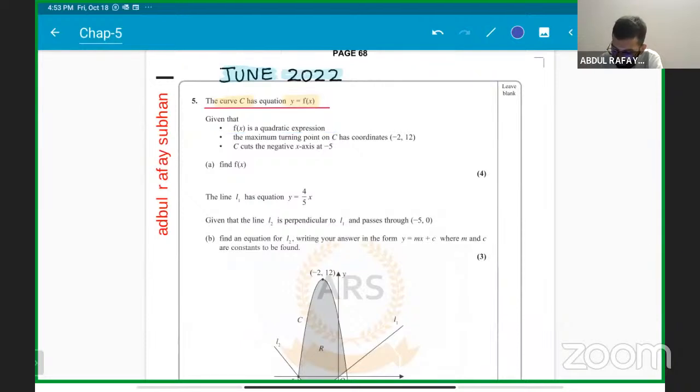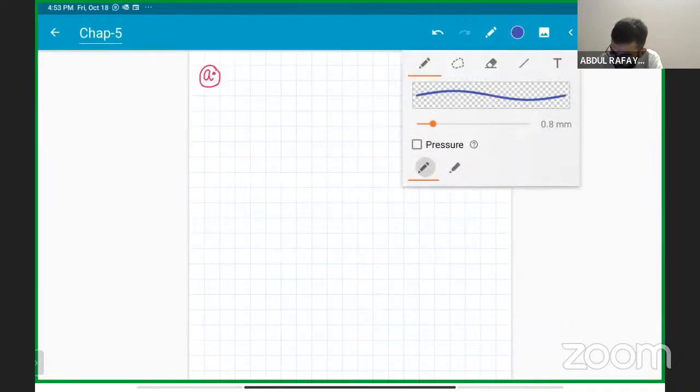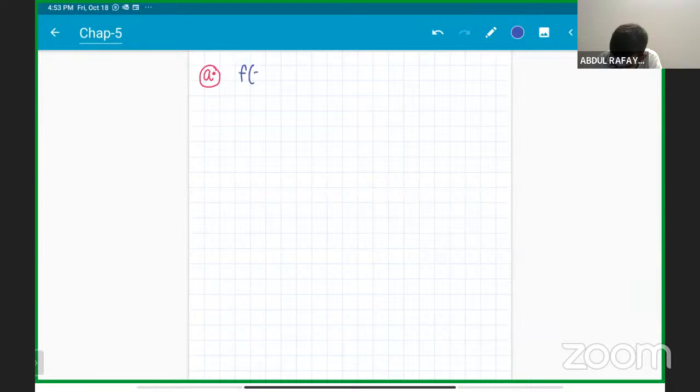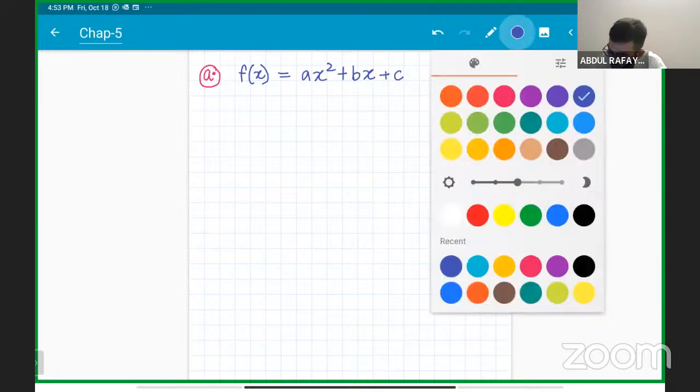So everyone should know the first idea. If f(x) is a quadratic expression, how does a quadratic expression look like? ax squared plus bx plus c. We can write the quadratic equation like this as well.